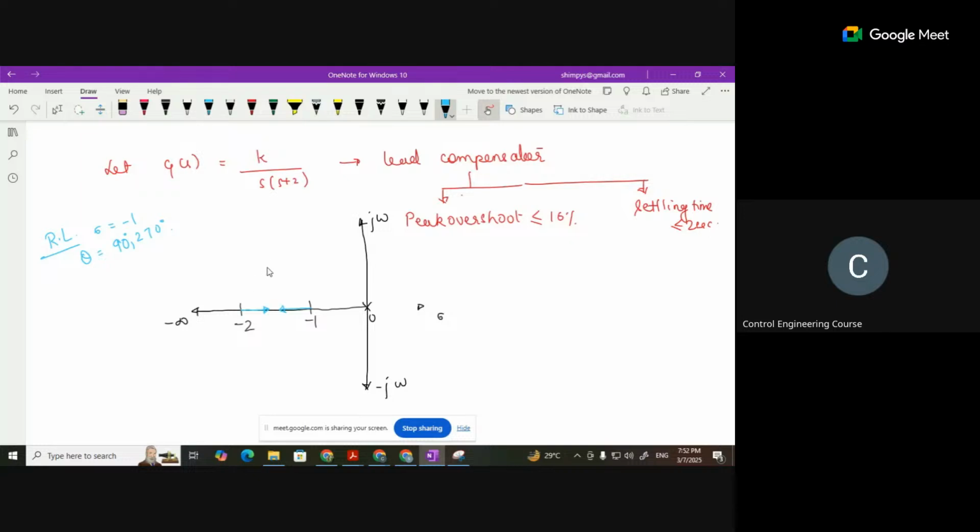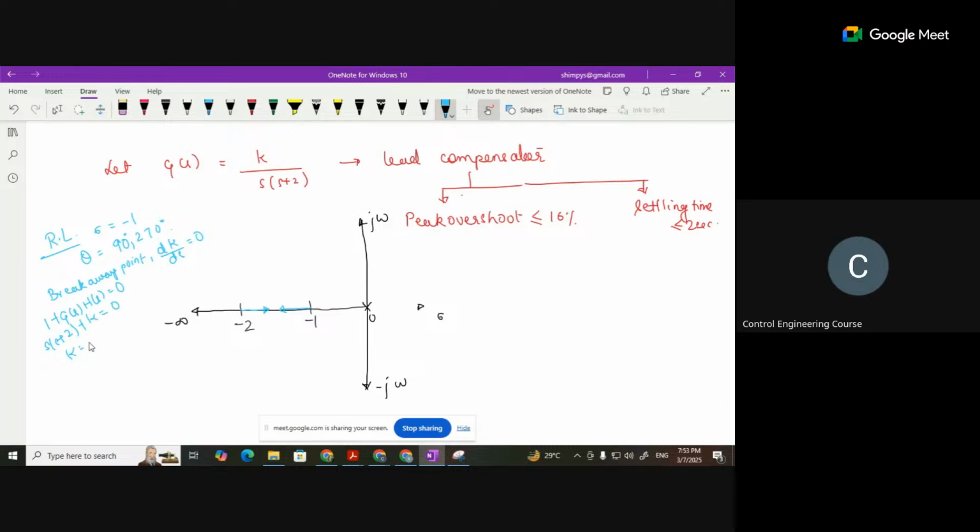So what will be the breakaway point? Can you find out quickly? dK by ds is equal to 0, for which you need to calculate 1 plus G(s)H(s). How much will it come out to be? s squared plus 2s plus K equals 0.